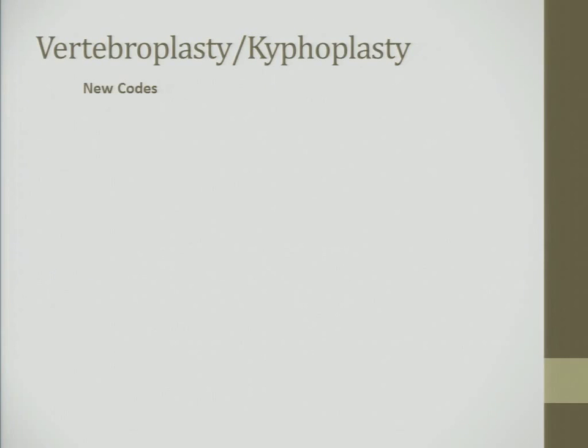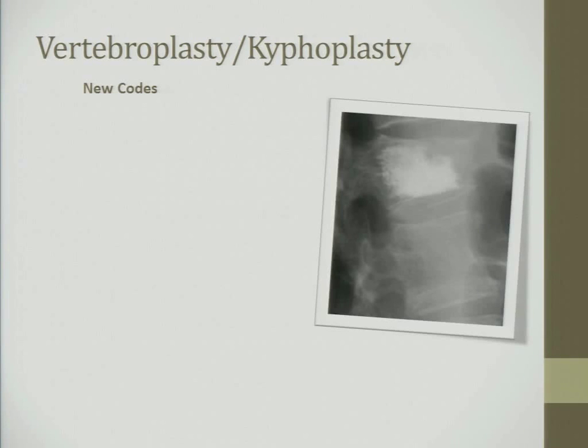Vertebroplasty and kyphoplasty have 6 new codes. The procedure codes are inclusive of moderate sedation, bone biopsy when performed, and imaging guidance necessary to perform the procedure. 3 of the new codes pertain to vertebroplasty in 2 anatomic regions, cervical thoracic and lumbosacral.